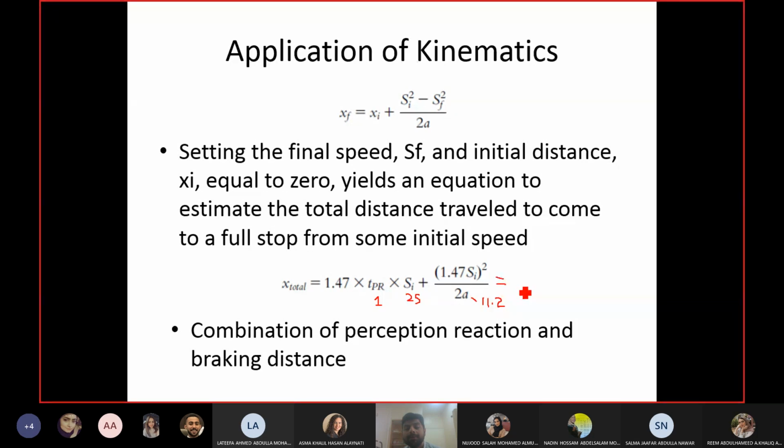So how much distance will you have here? 273.3, point something? 0.1 feet. So this is the first part of the question.